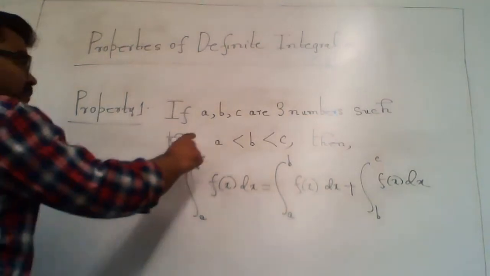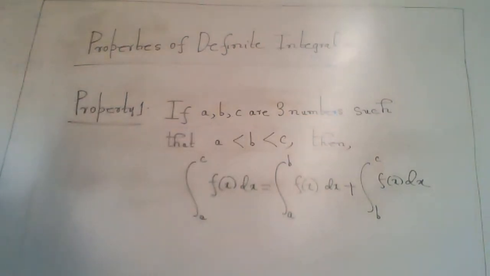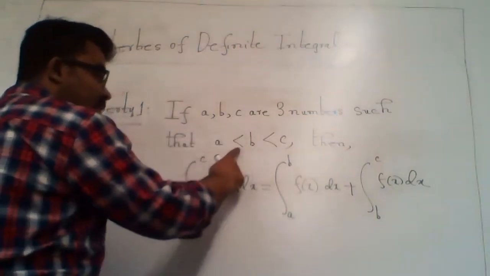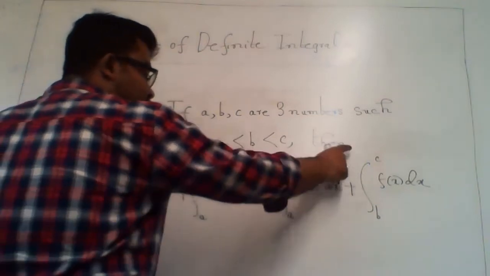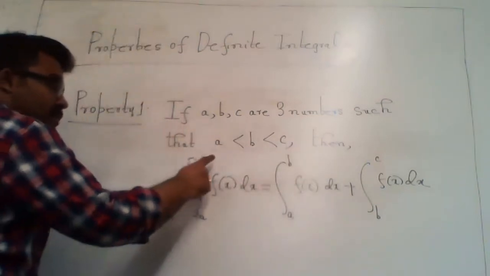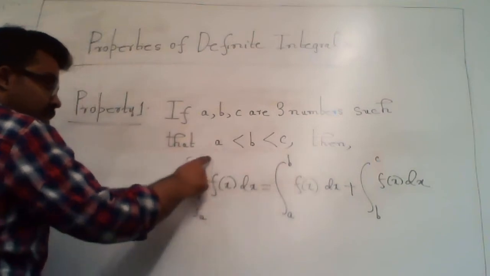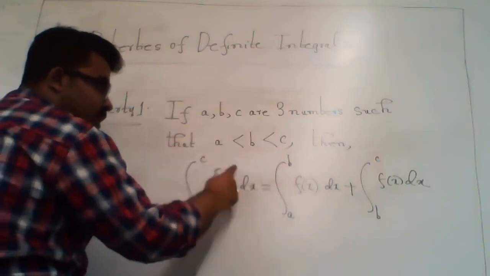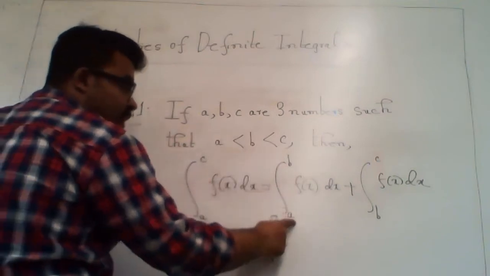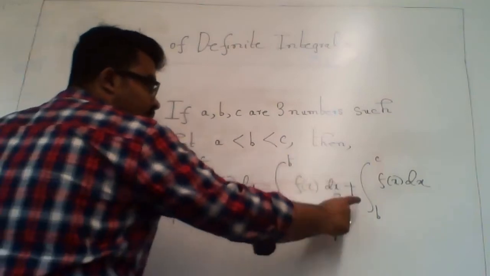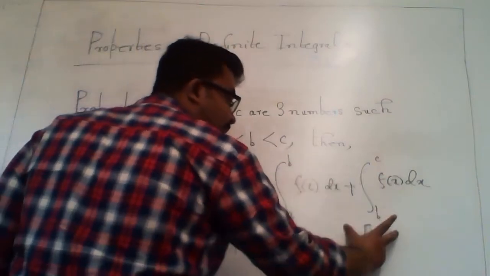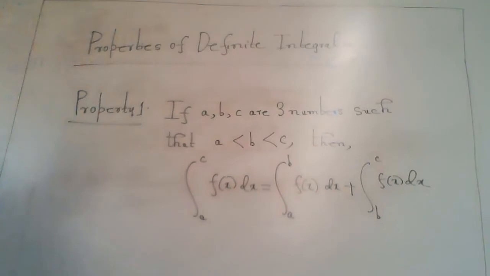So if I have three numbers a, b, c which satisfy A is less than B is less than C, then integrating from the point A to the point C is the same as first integrating from A to B, then integrating from B to C and adding these two integrals. This will be handy in doing a lot of problems.